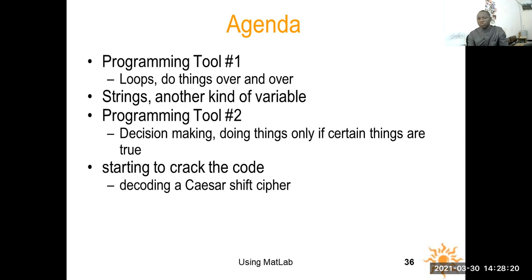Then another programming tool, number two, is decision making: doing things only if certain things are true. You have to find a situation where, before certain things are done, certain things must be tested. You test the situation before you take a decision, that if this is greater than this, then do this.